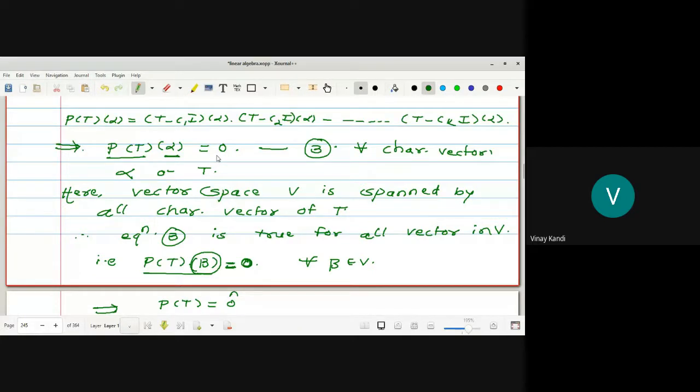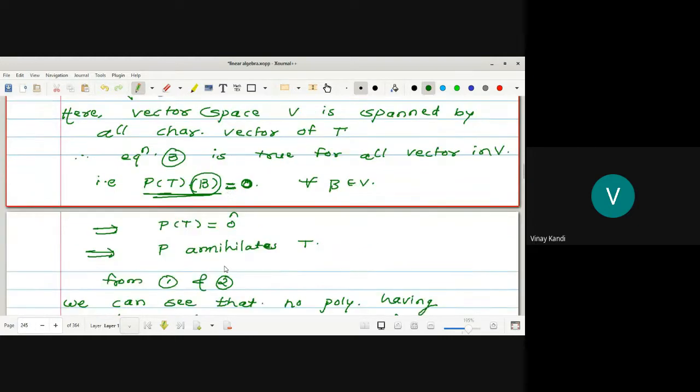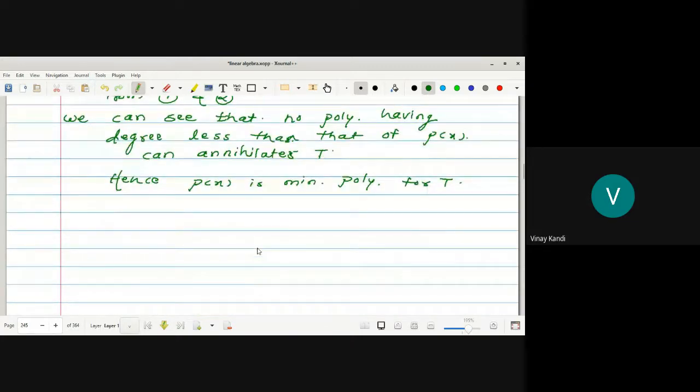But what are characteristic vectors? All the basis vectors of your V, because T is diagonalizable. If T is diagonalizable then each and every vector in the basis is a characteristic vector, and P of T makes each of them zero. If it makes the basis zero, it makes your vector space zero, is it correct? That means P of T is the zero operator. That means P annihilates T. That means P of x is the minimal polynomial for T. Any doubt up to here?